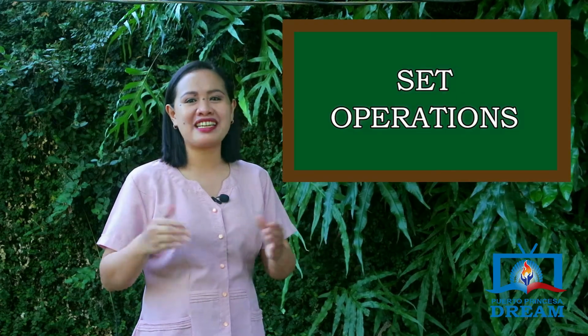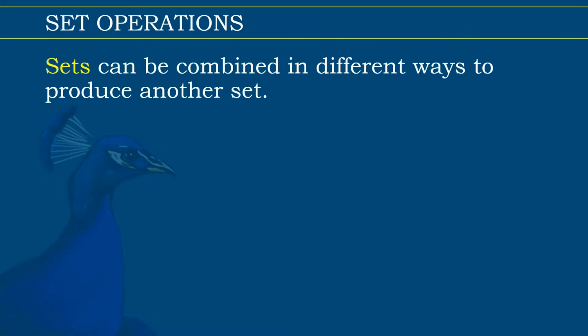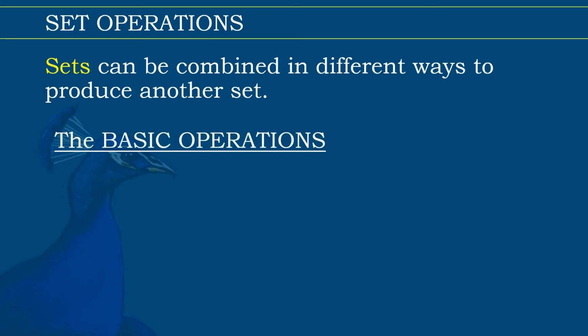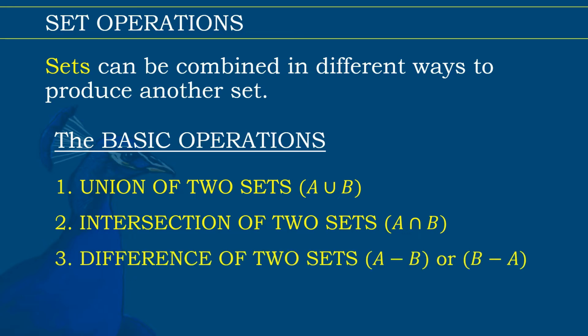What you have learned is an essential part of set. You already have a working knowledge of set types and cardinality. Now, allow me to take you one step farther by discussing set operations. Sets can be combined in different ways to produce another set. The basic operations are union, intersection, and difference.